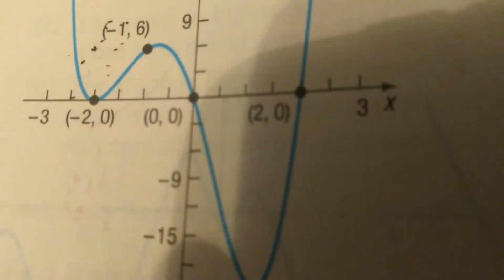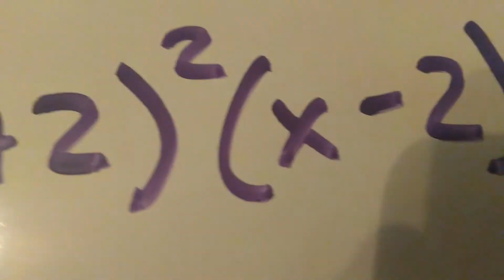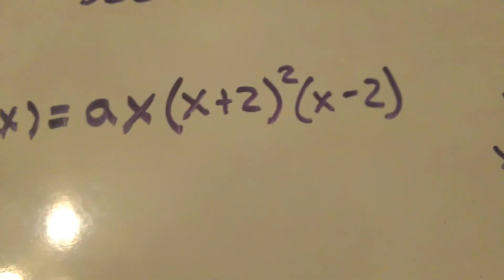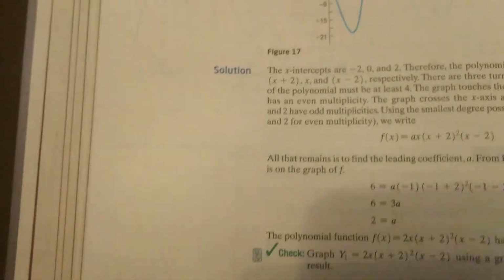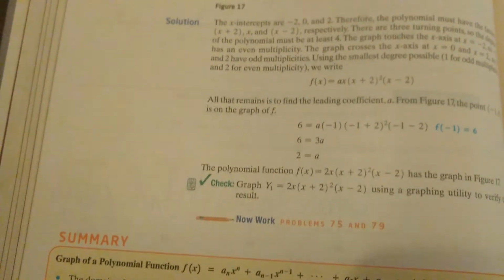And if we look at the next zero, we have 2 comma 0, which means we have x equals 2, which means we have x minus 2. It is also to the first power. All right. Everybody see?